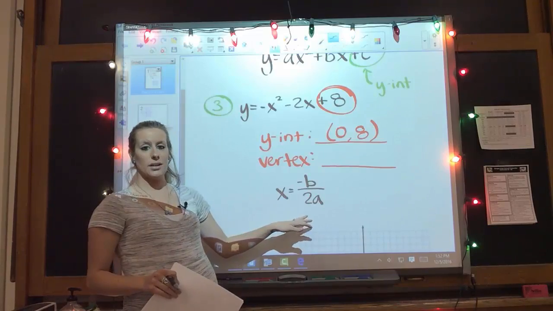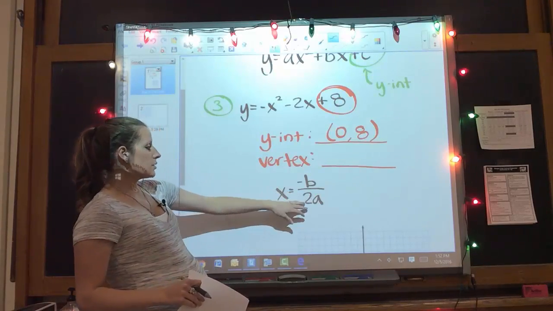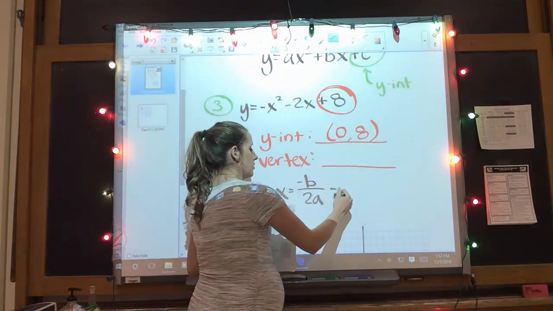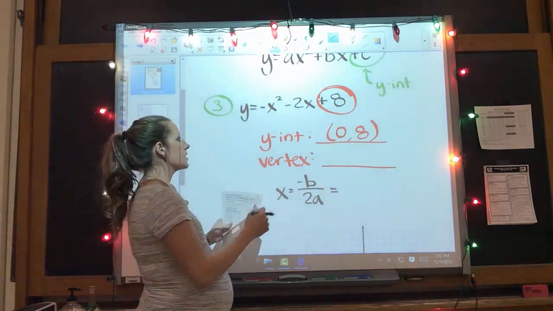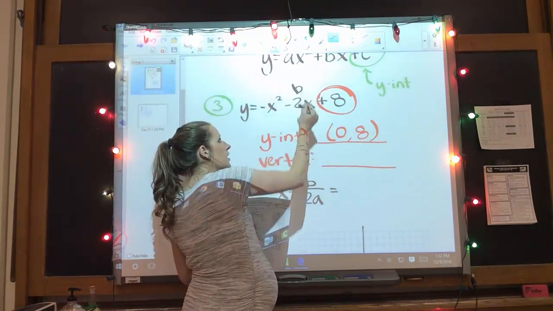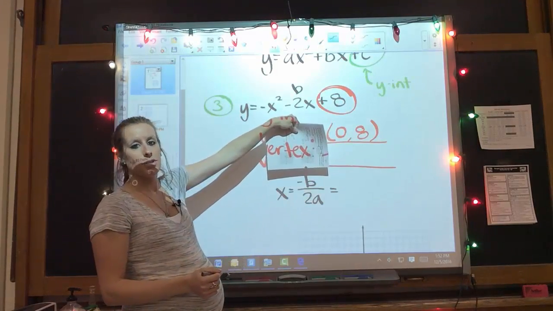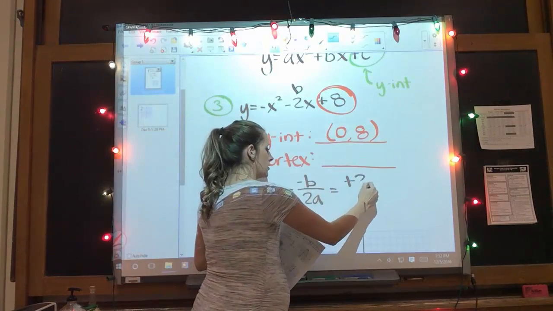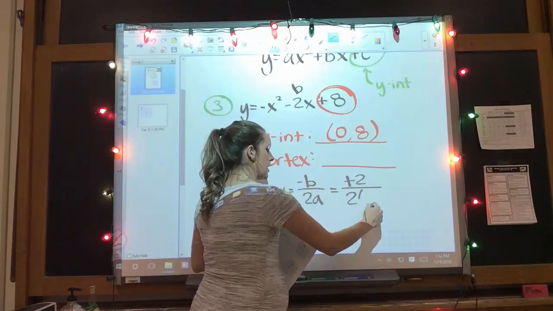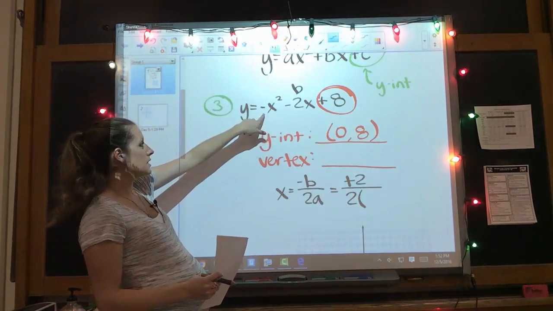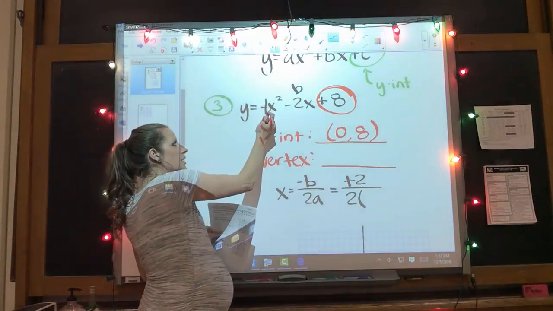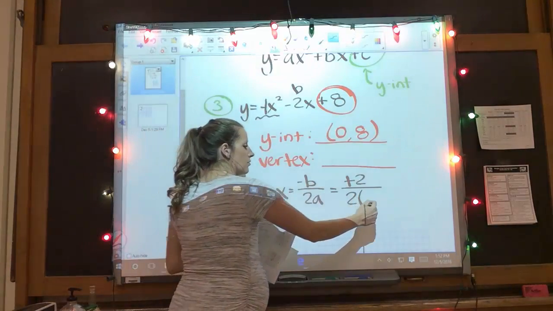But now it's really going to come in handy. X equals negative b over 2a. Okay, so we're going to take the opposite of our b. So the opposite of our b here would be positive 2. So positive 2 over 2 times a. And a for this problem is negative 1. You have a sneaky negative 1 here in front of x squared.